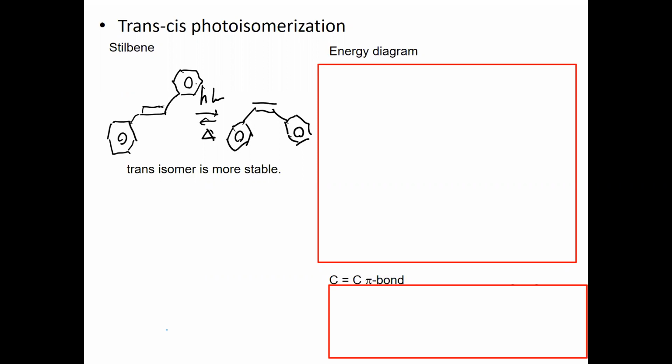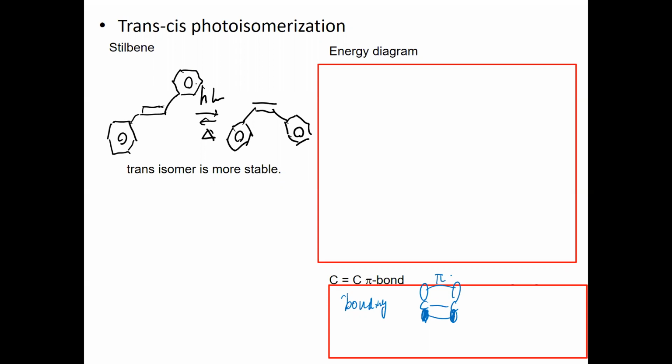So in the ground state, the bonding orbital of the C-C is something like this, so that makes a pi bonding orbital.